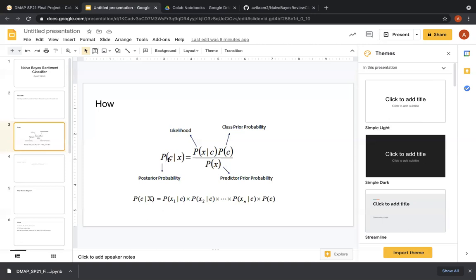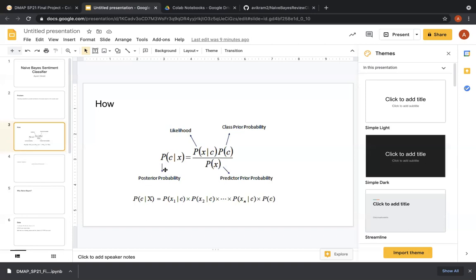For each review that we want to classify as either positive or negative, we calculate this posterior probability, which is quite simply the probability of the class, class equals positive or class equals negative, given X. And X, as I stated, is the words that the review consists of. We're trying to classify these reviews solely based on the words in the review itself.